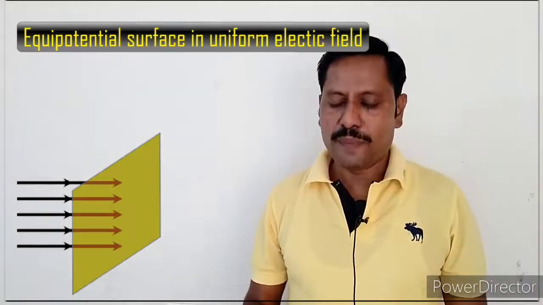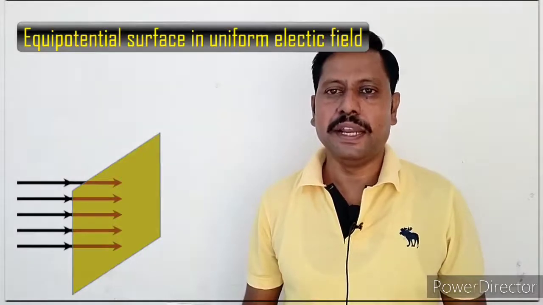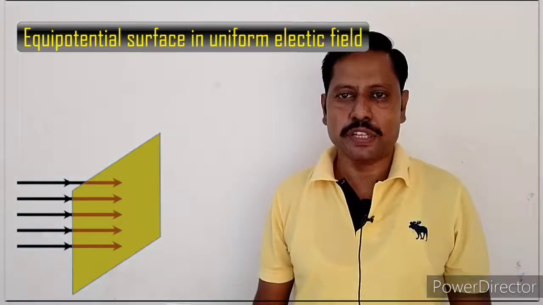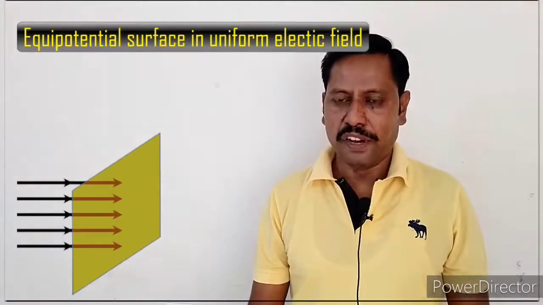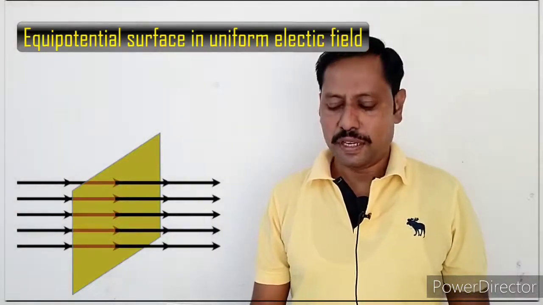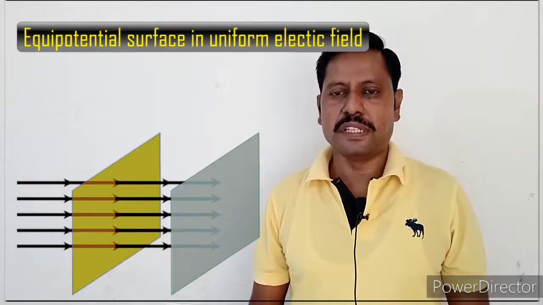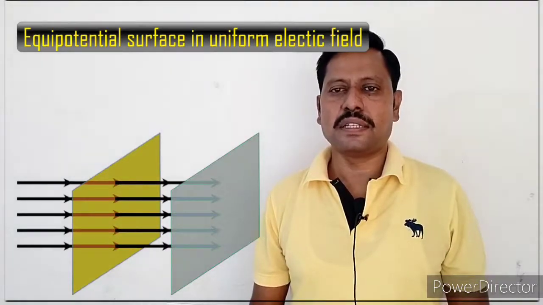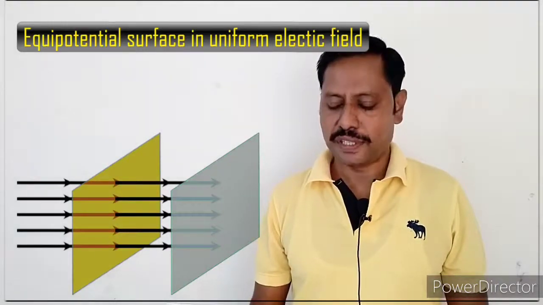Every point on that surface will have the same potential. Let us say the field extends further like this. Then again we can make one more surface here, which is again referred to as an equipotential surface.